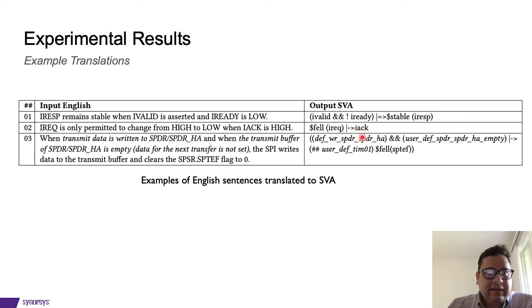And these definitions should come from the users because these are user-defined functions, and we have just made a placeholder for them, like this one, user definition time 01. This is a timing function which the user has to define, which we cannot derive from the original English sentence.